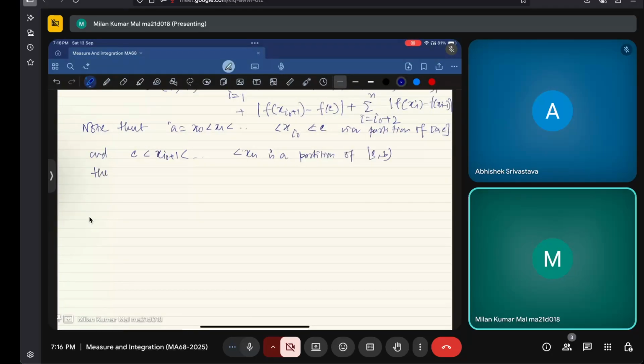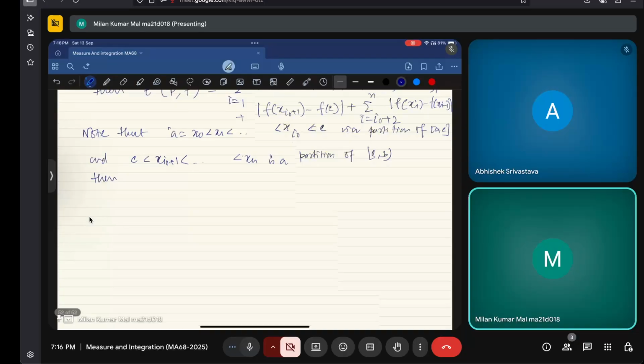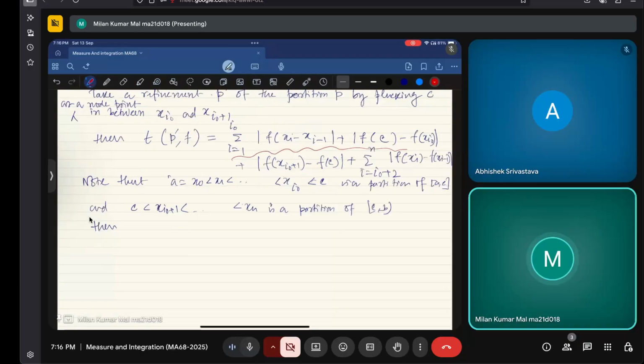Then this is the corresponding T_P1'(f), where P1' is this partition, and this is the corresponding T_P2'(f), where P2' is this partition.